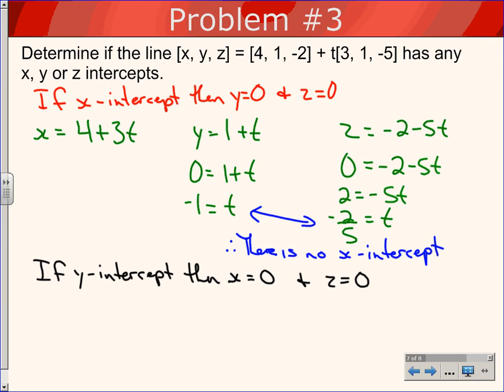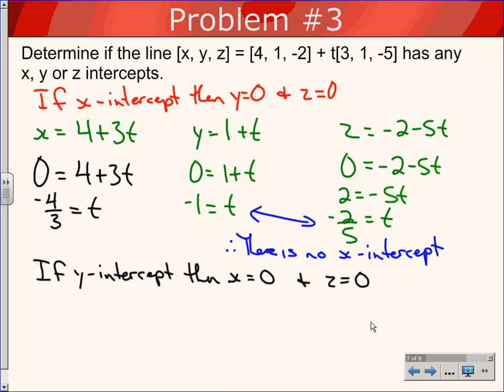I've already subbed in a 0. I know that I need to get -2/5. I just need to check x now. So I'll sub in the 0 for x and solve for t. And I get -4/3 on that one. So to get a y-intercept, I can't get that either, because to get 0s for x and z, I need different values of the parameter. So this doesn't work.